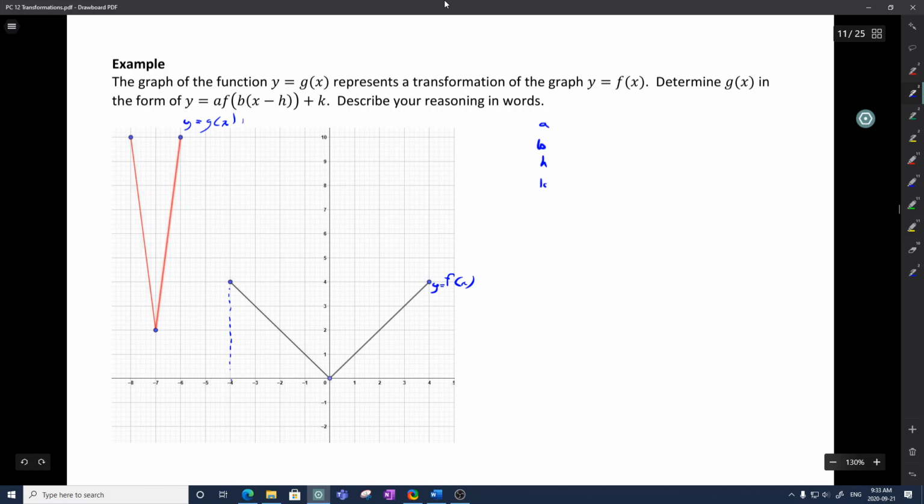What I notice is, if I can call this tall, really what you want to do is pick out signposts, a really important point. I notice that this is 4 tall. That's my parent function. However, my transformed function, the resulting function, is going to have to be 8 tall.